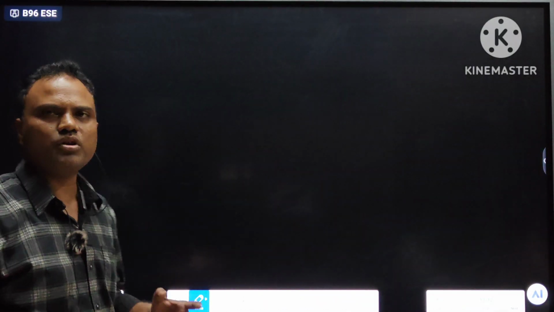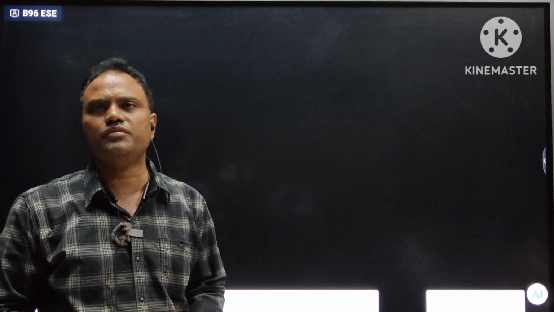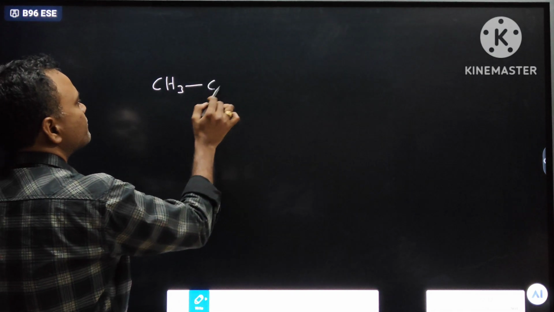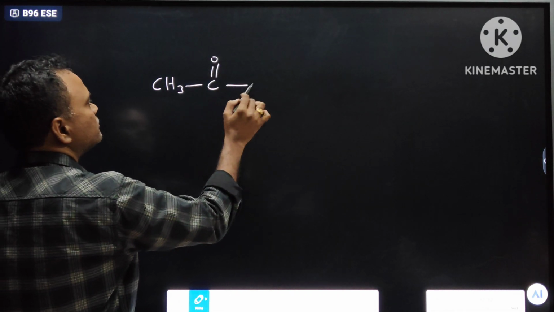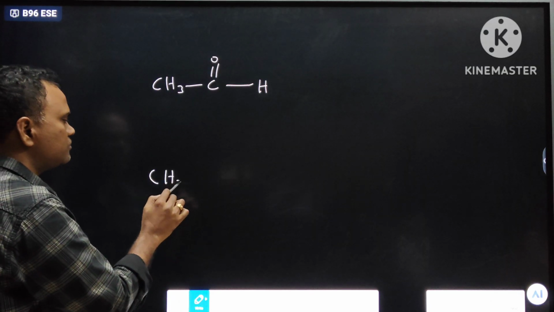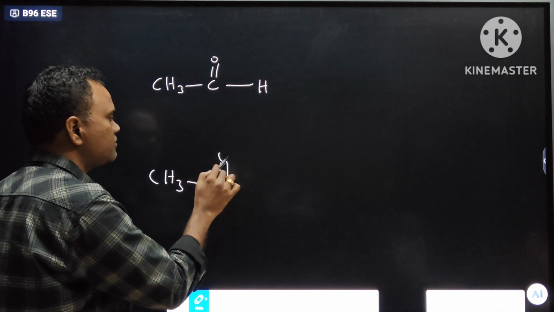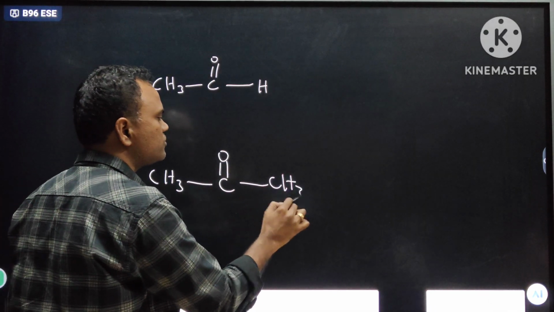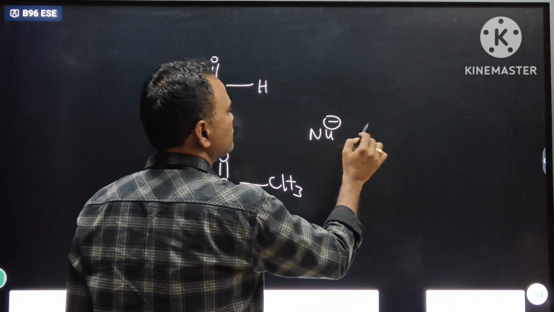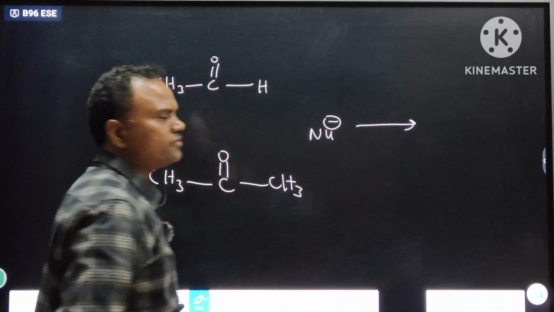Let us compare aldehydes and ketones, and see which is more reactive towards nucleophilic addition. It is a very simple concept. I am taking an aldehyde here, and I am taking a ketone. Can anybody guess which is more reactive towards the nucleophile? Here the nucleophile is waiting to attack.